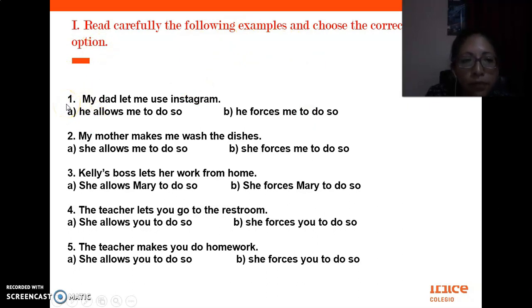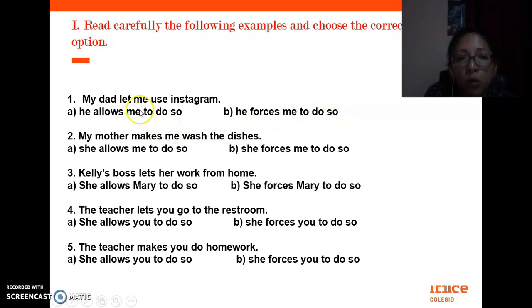Number 1 says, my dad let me use Instagram. That means A. My dad allows me to do so, to use Instagram. Or B. My dad forces me to do so.